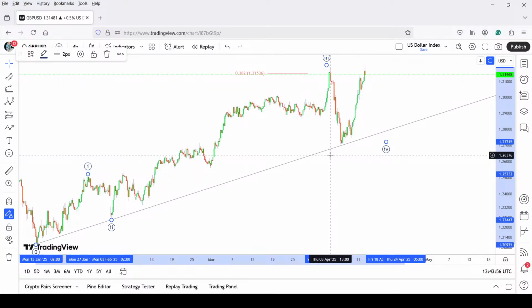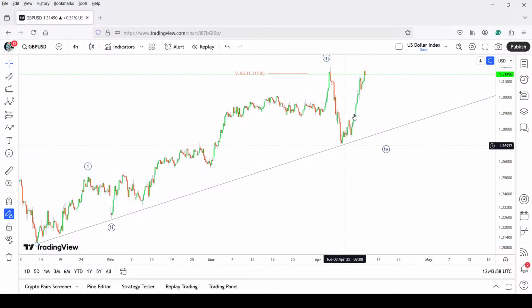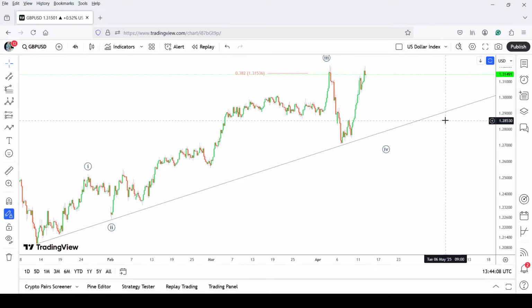Where we are right now we are witnessing a potential 5-wave rally, which just fell short of the previous high. It's a bit unusual for pound to fall a bit short, but it looks like wave 4 could be in the making now.